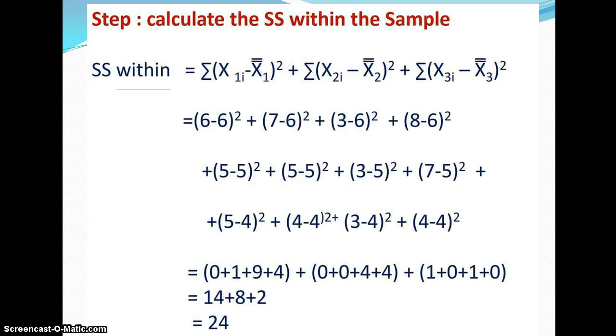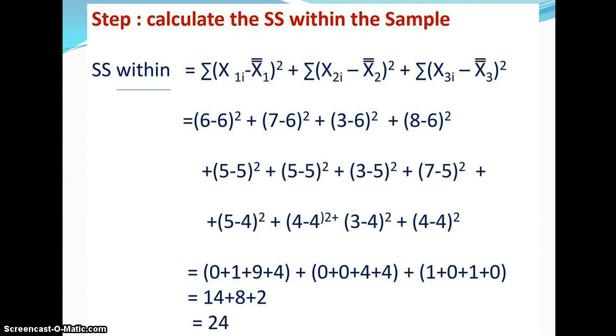Now in the next step, calculate the sum of squares within the sample. The formula for the sum of squares within the sample is equal to the summation of (x1i minus x1 bar) squared plus the summation of (x2i minus x2 bar) squared plus the summation of (x3i minus x3 bar) squared.